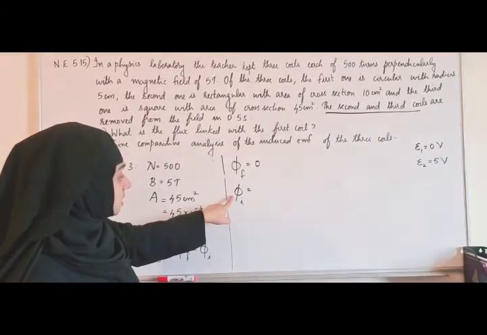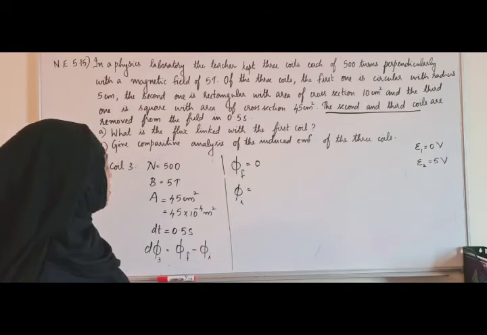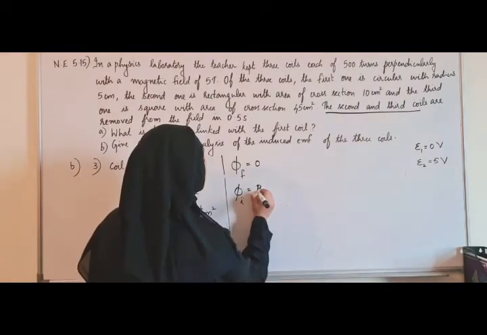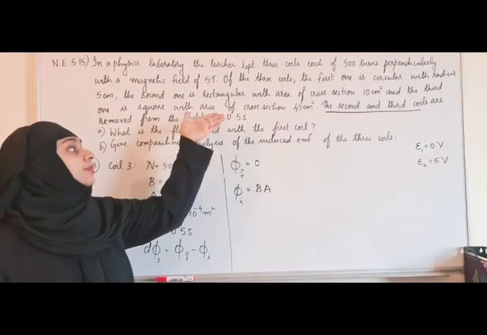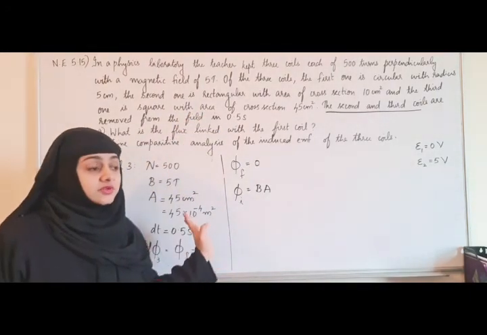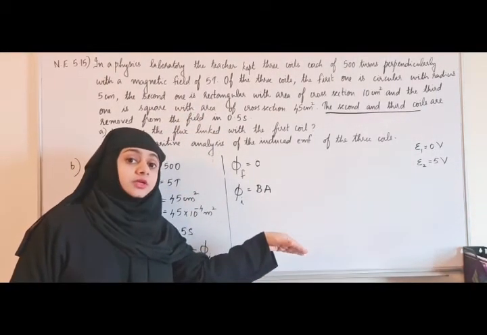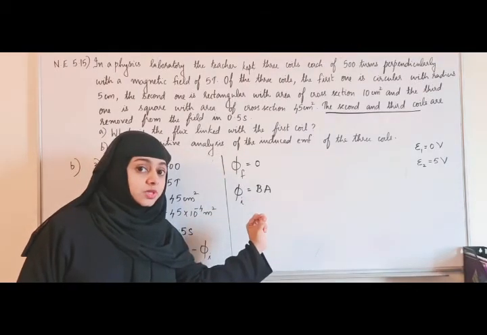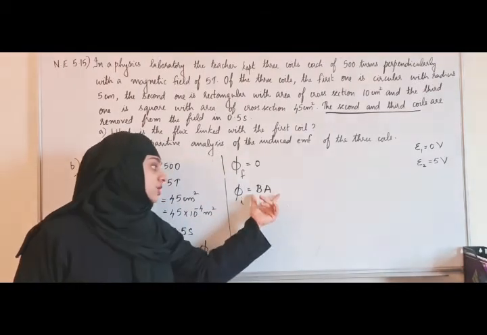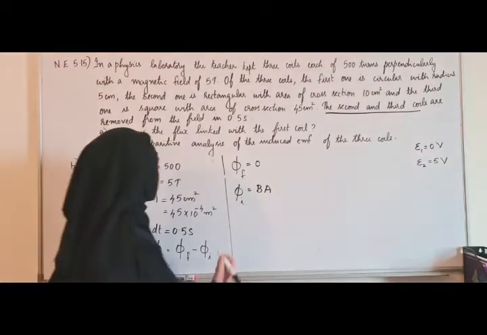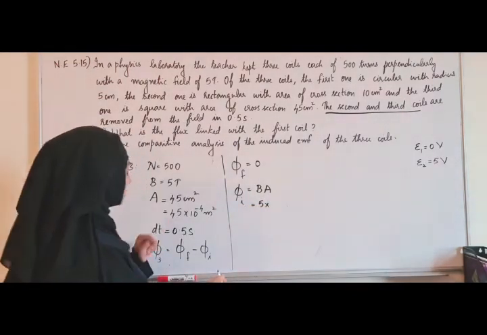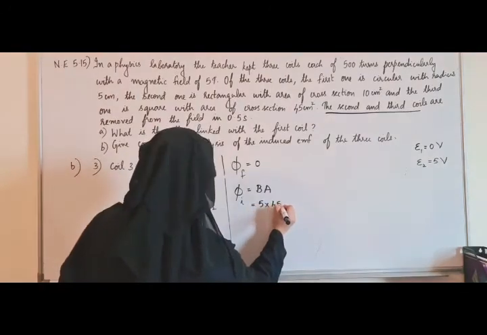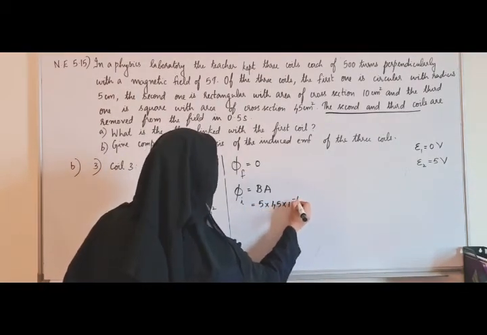So for a single turn, the initial flux is equal to B dot A, which is again BA, because the plane is perpendicular to the magnetic field. Angle between the area vector and magnetic field will be 0, cos 0 is 1. So I am just writing it as BA, and this is equal to 5 times, what is area? 45 times 10 raised to minus 4.